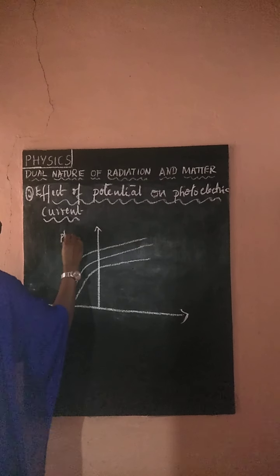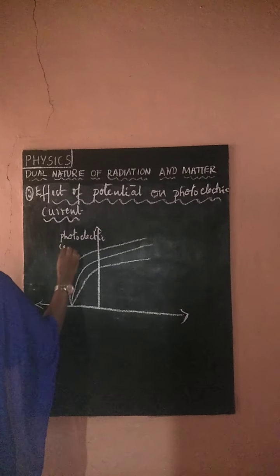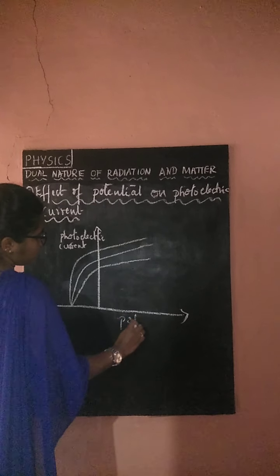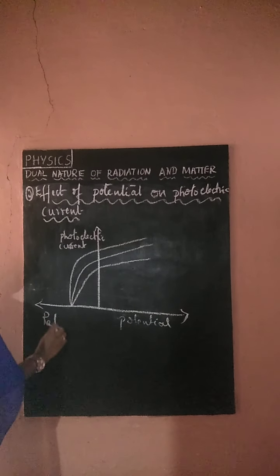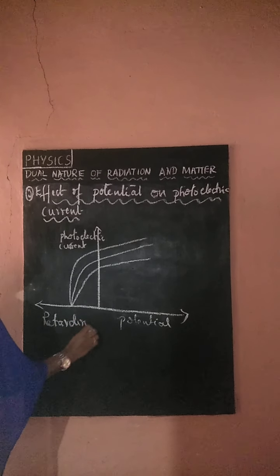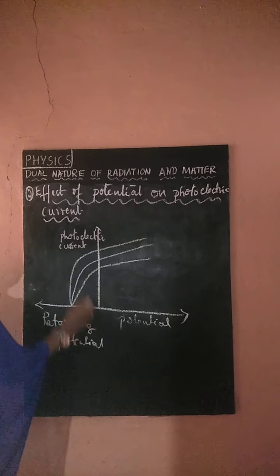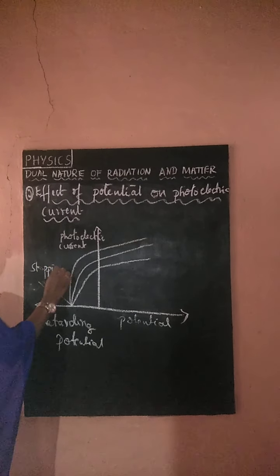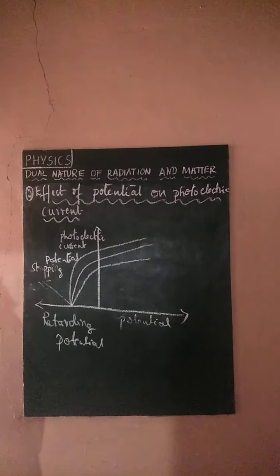This is photoelectric current. This is potential. This is also retarding, decreasing potential. And this is the stopping potential.